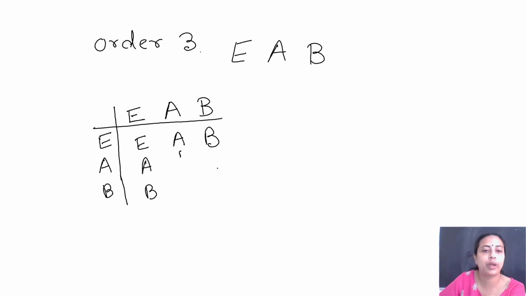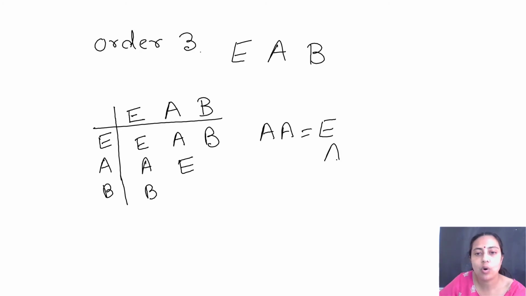Now we have to complete these four elements. When A is multiplied by A, it can give me B or it can give me E. Let us consider it is giving me E. Then the next one in this row should be B, because in the row A and E are already there.